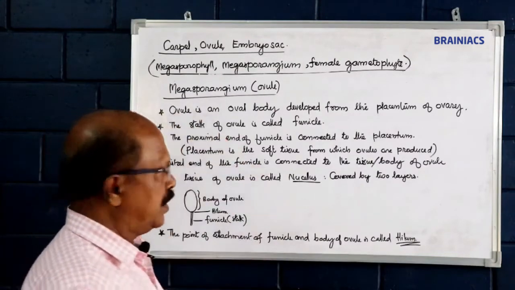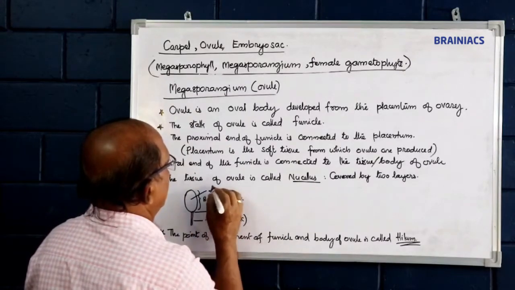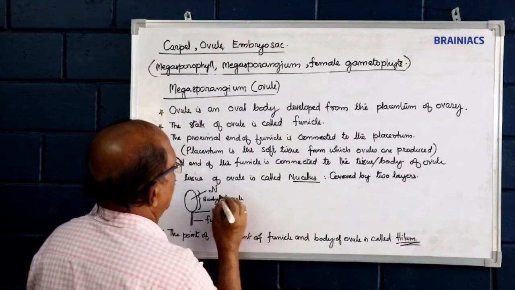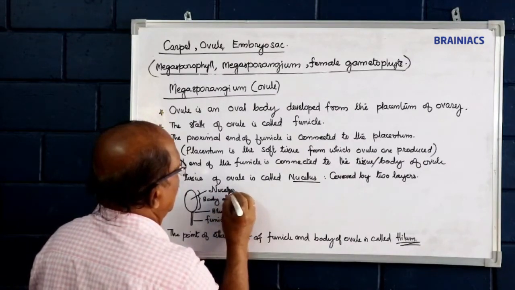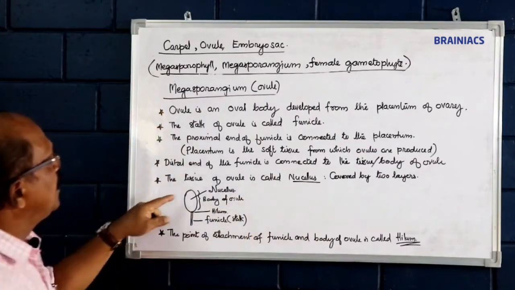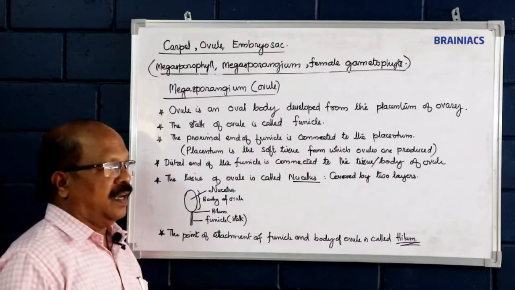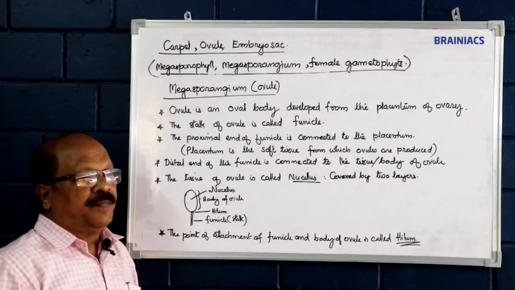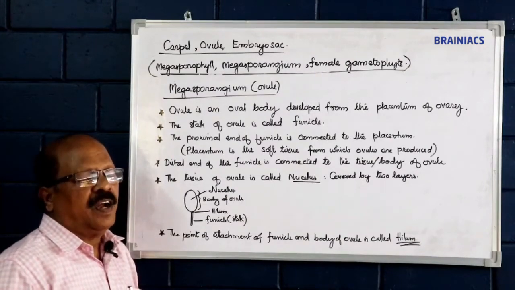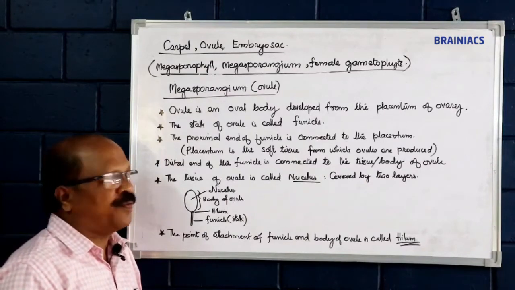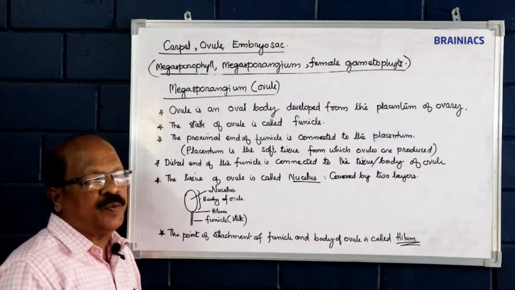This is general account. This tissue is called nucellus. Nucellus has a protective covering, that after the formation of seeds becomes testa and tegmen, outer integument and inner integument. Two layers of covering are there to cover the mass of tissue called nucellus of the ovule.